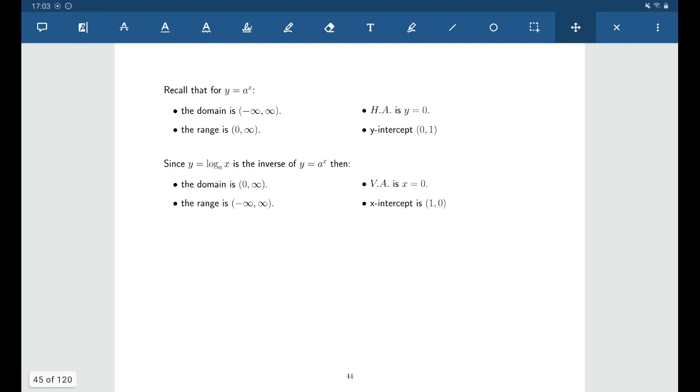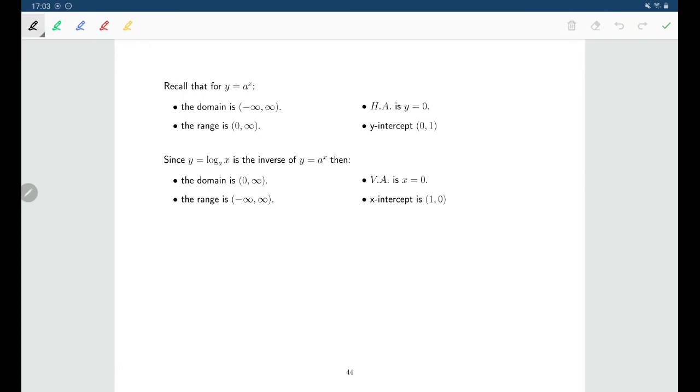Some things that we should know automatically as far as the graphs of our logarithmic and exponential functions go. You know that for an exponential function, the domain was all real numbers and the range was positive numbers. So for a log base a, it should have the reverse: the domain is positive numbers and the range is all real numbers.